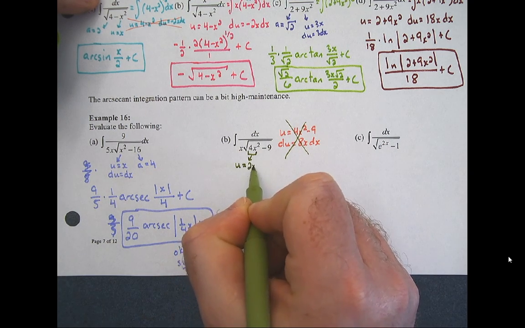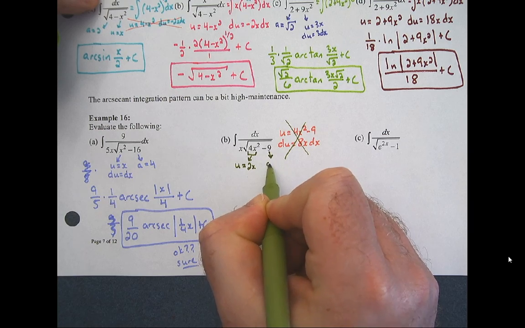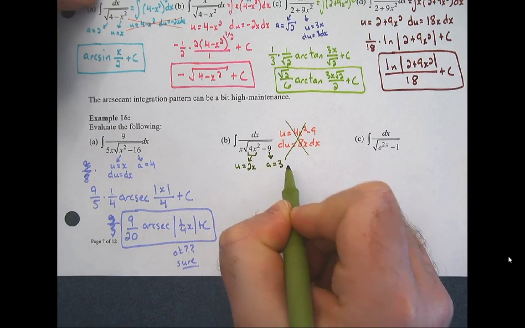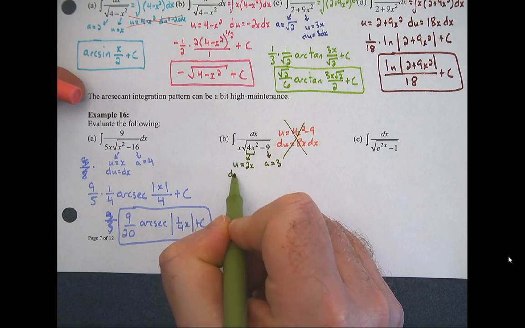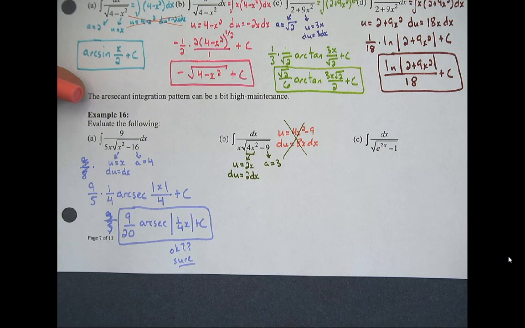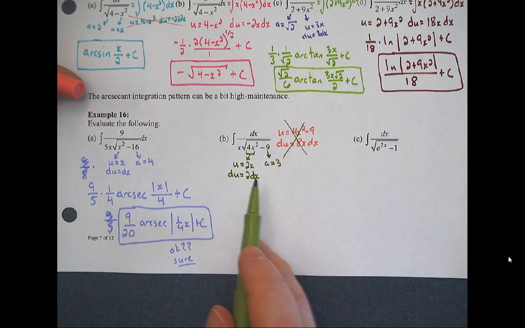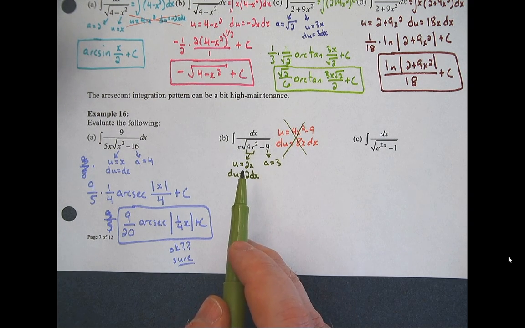That would have to be 2x. This is my a. A would have to be 3 when I square it. And now don't forget, you need to check for that correction if you don't have the pieces that you need. To make the du, you need a 2 dx. Well, we've got the dx, but we don't have the 2. So we're going to generate the 2.